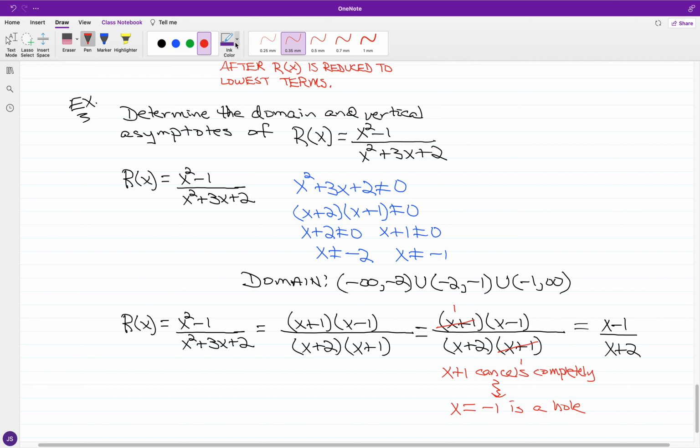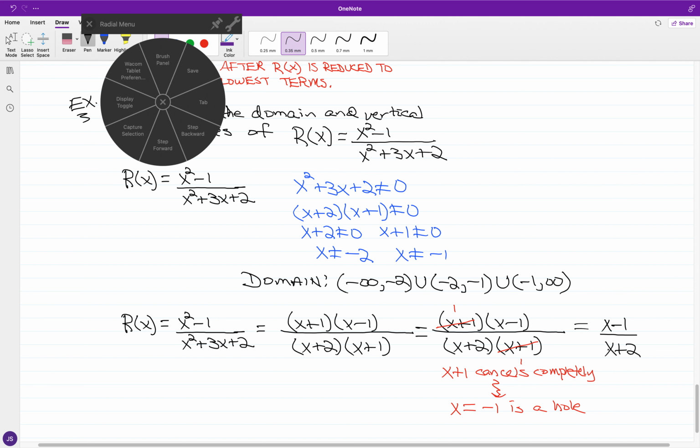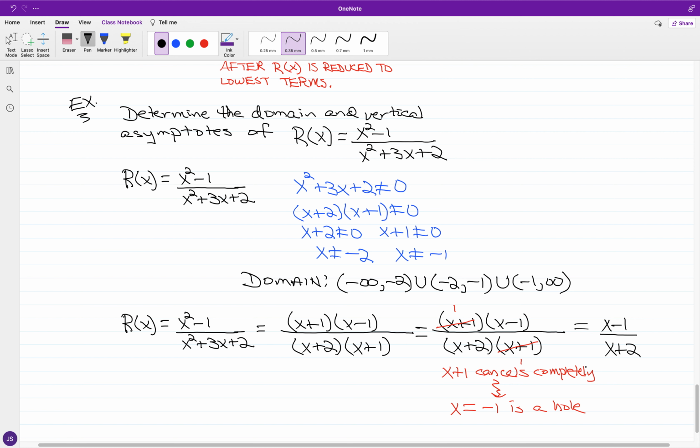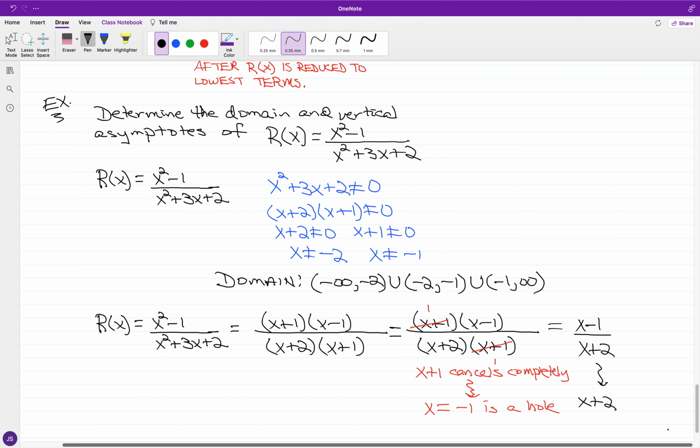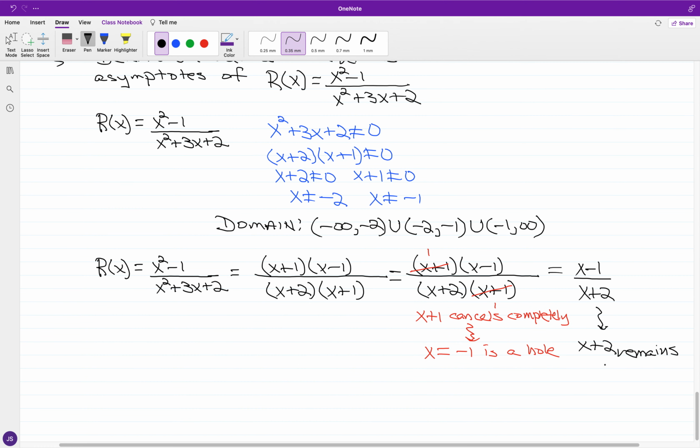For x plus 2, our other denominator factor, x plus 2 remains after complete simplifying. Any denominator factor that remains after simplifying, the corresponding zero is going to be the vertical asymptote. I'm using VA for vertical asymptote.